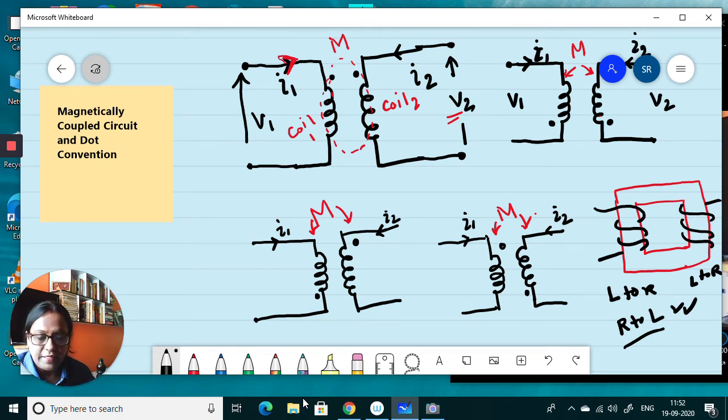So in circuit analysis, the dot convention is a convention used to denote the voltage polarity of the mutual inductance of the two components.